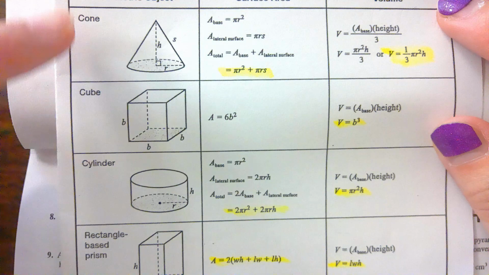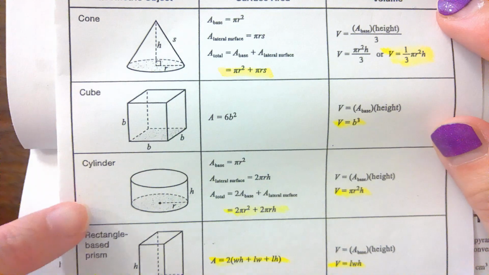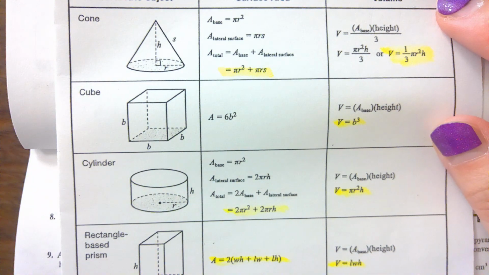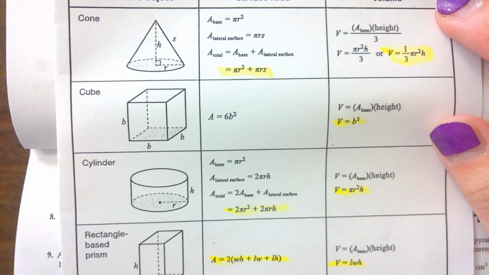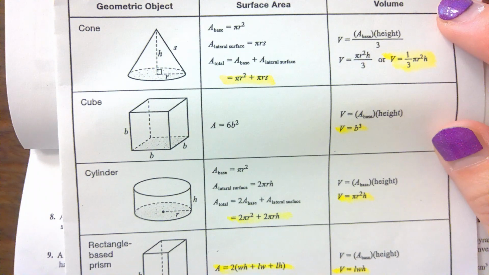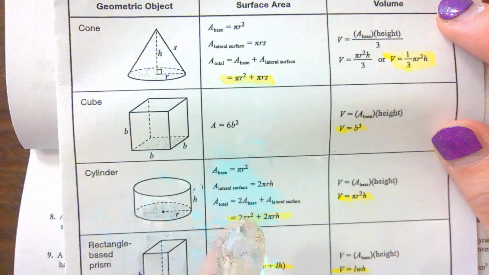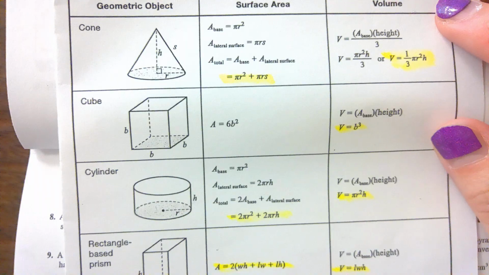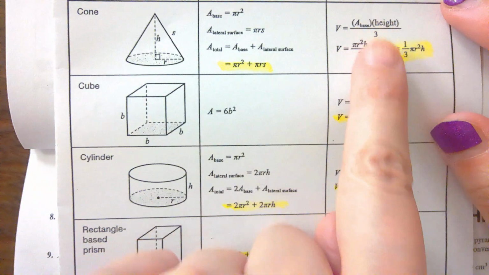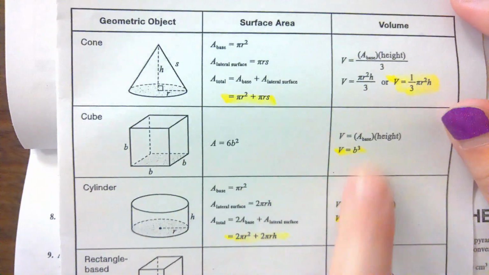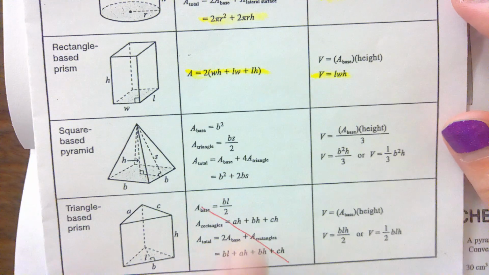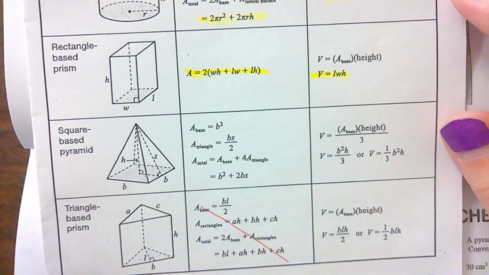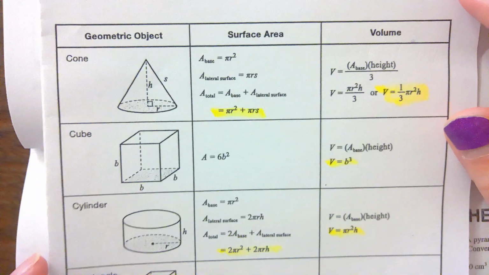Surface area. I'm asking surface area though. What's the connection between surface areas? Nothing. Yeah. So when you compare, the connection is always only with volume. There's no connection for surface area for any of these. Okay, I'm not trying to trick you guys. I'm just trying to get you guys thinking.